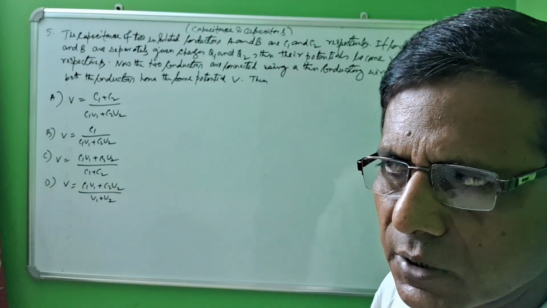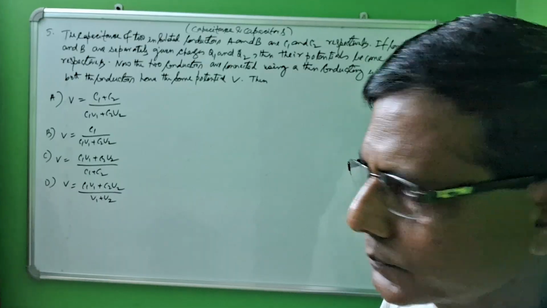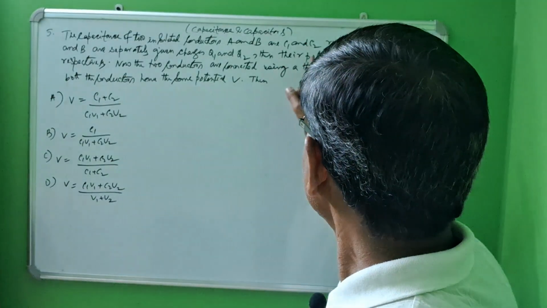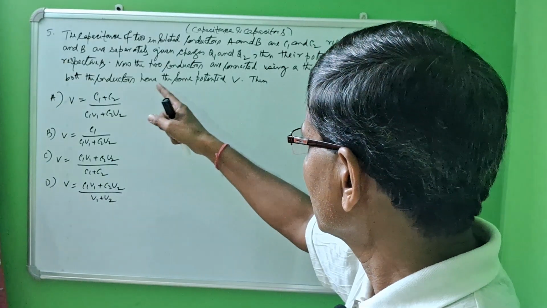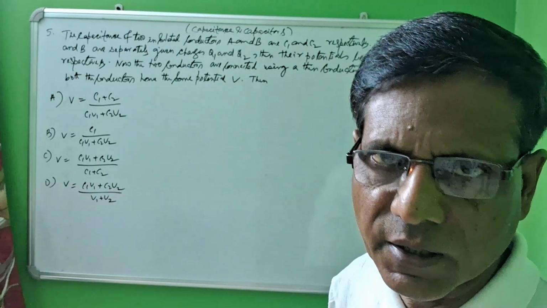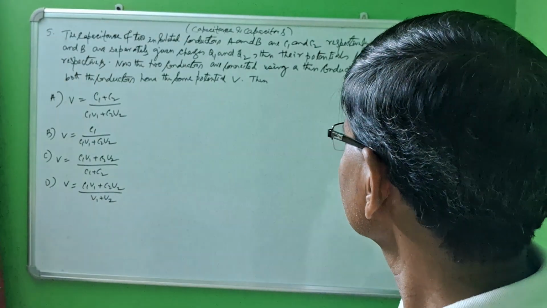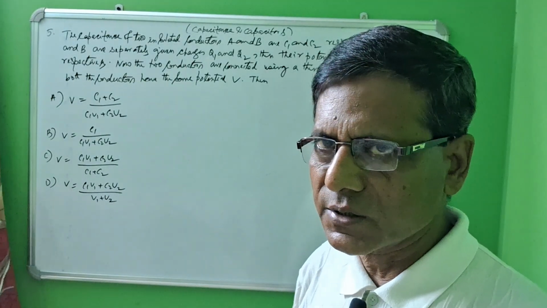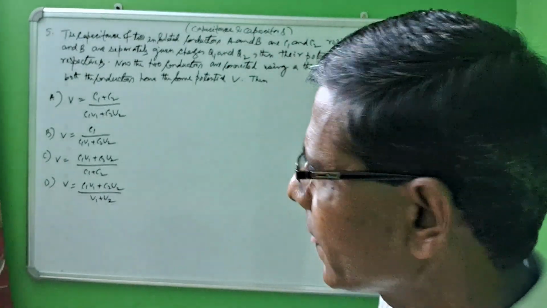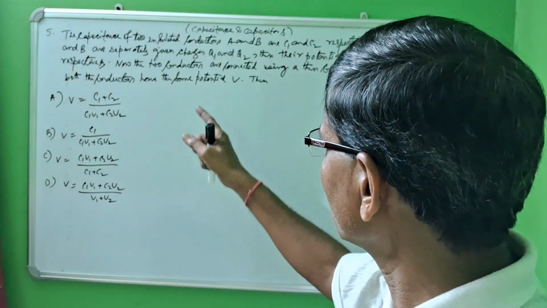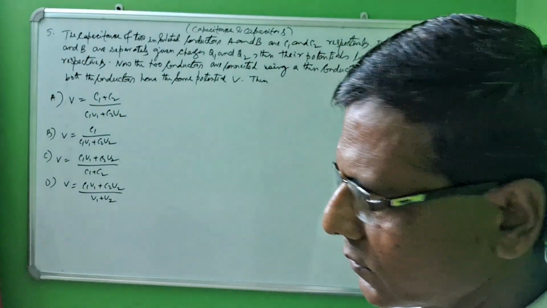The capacitances are C1 and C2 respectively, and charges are given as Q1 and Q2 respectively. Then their potentials are V1 and V2 respectively. Now the two conductors are connected using a thin conducting wire.